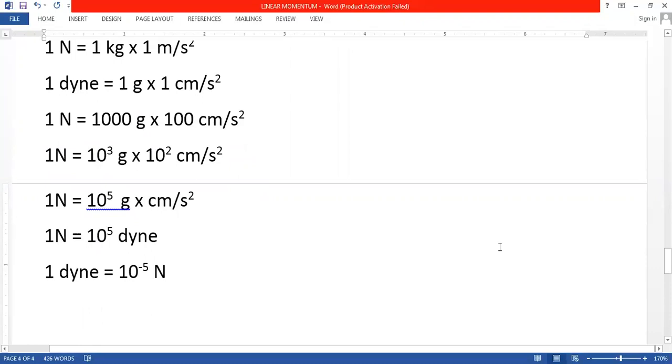This is the relation between Newton and dyne. Copy this.